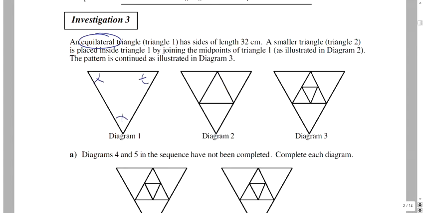If I take this length of 32 centimeters and I cut it in half, then each new length is how much? Yeah. Okay. So what's this length here? Yeah, because that's also an equilateral triangle, isn't it? If I cut that in half, what are these lengths?